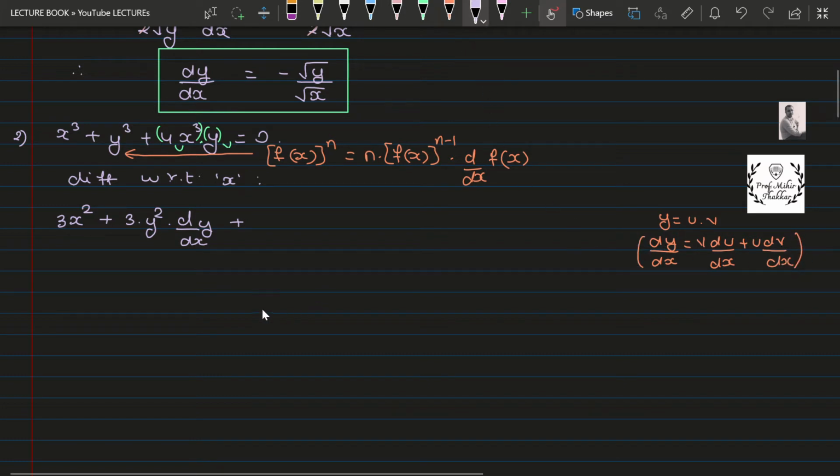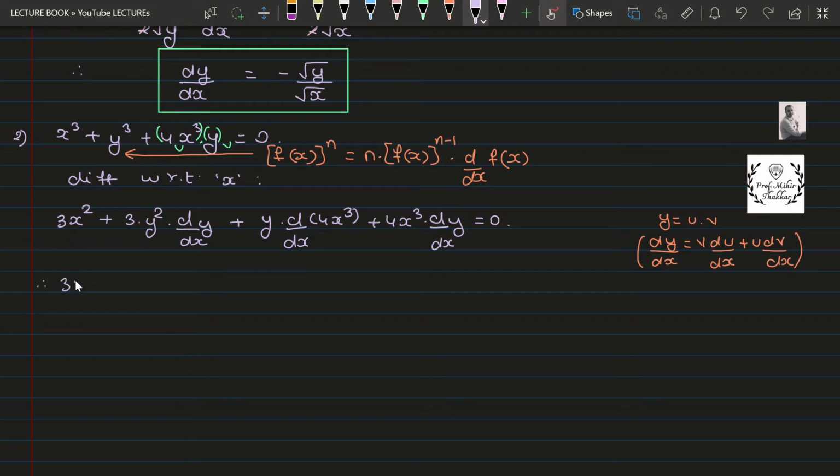So in that case I will get over here y into derivative of 4x cube plus 4x cube into derivative of y, and that is equal to 0.